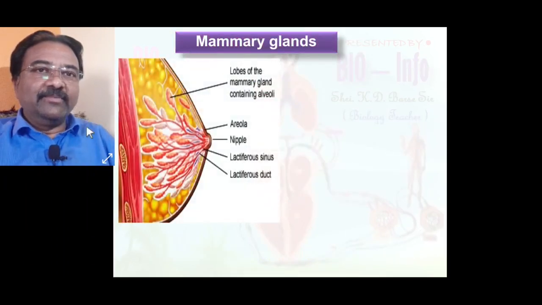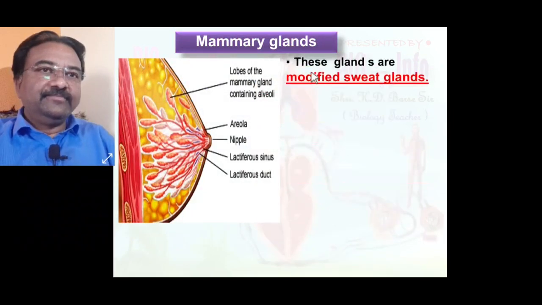Here is the diagrammatic representation of mammary gland structure. These glands are modified sweat glands. You know sweat glands are present on the body. So a sweat gland is modified to form the mammary gland. Most of the time this question occurs: which gland is modified to form the mammary gland?